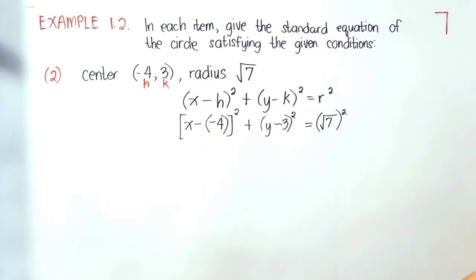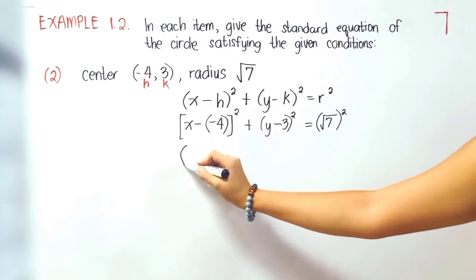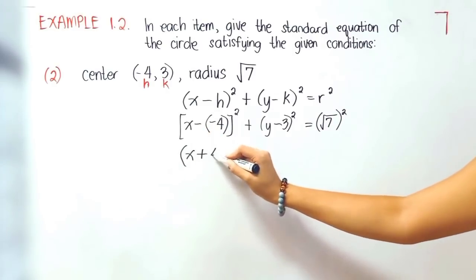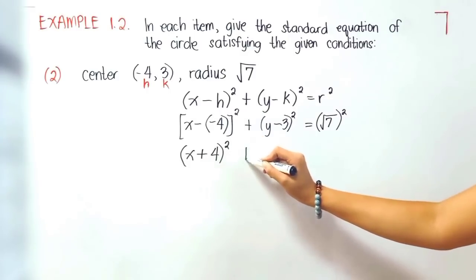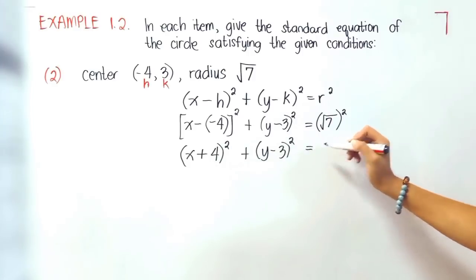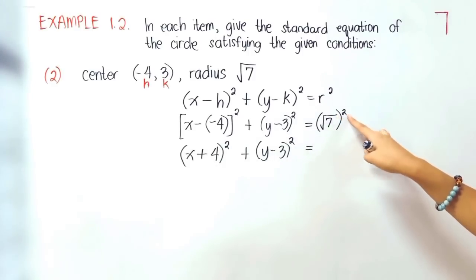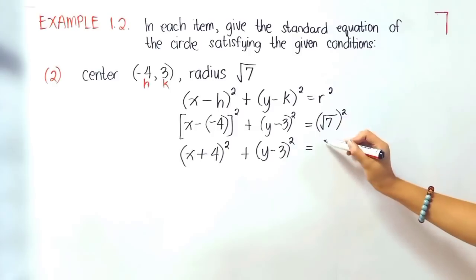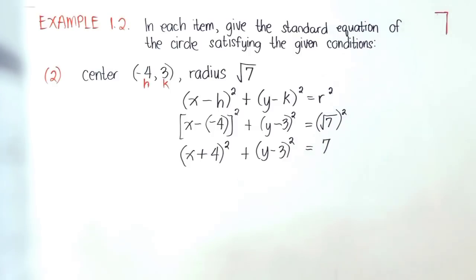Remember that negative times negative is positive, so that will be x plus 4 quantity squared plus y minus 3 quantity squared is equals to the exponent and the square root will be cancelled, so what's left is 7. So this is our final answer.